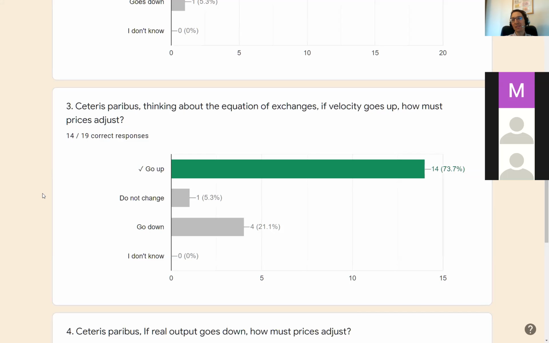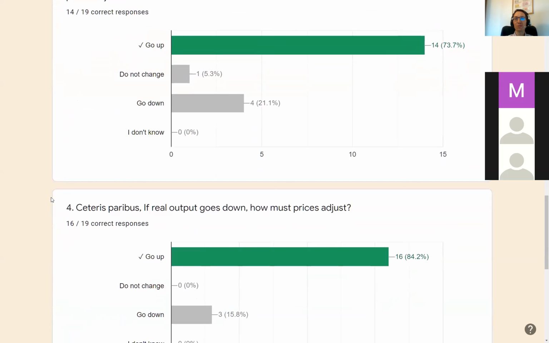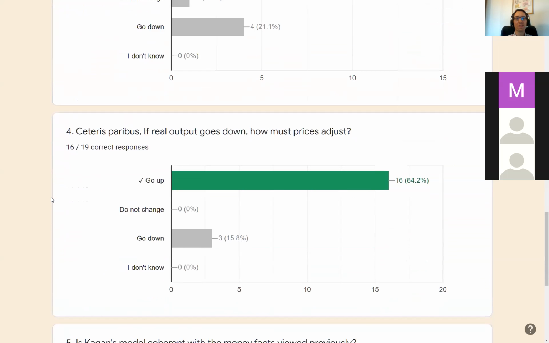What I'm saying is I don't want to adjust money supply or velocity. If these two are fixed, and there's just prices that adjust, then if real output goes down, nominal output has to stay the same. So if real output goes down, then prices go up. Most of you got it. Good.